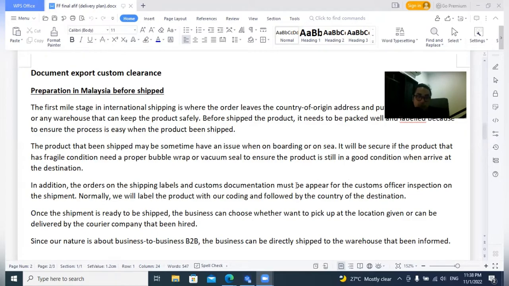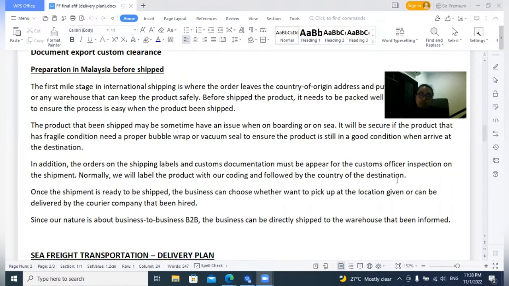Since our nature is business to business, we can directly ship the product to the warehouse that the buyers inform us of, or send it directly to their details.